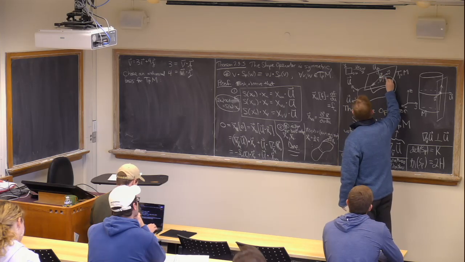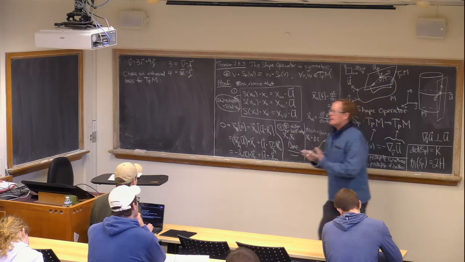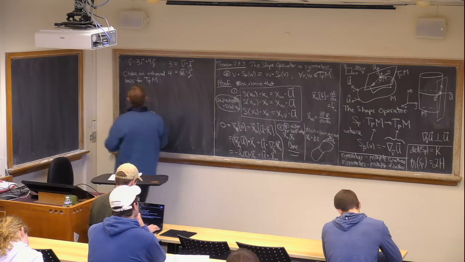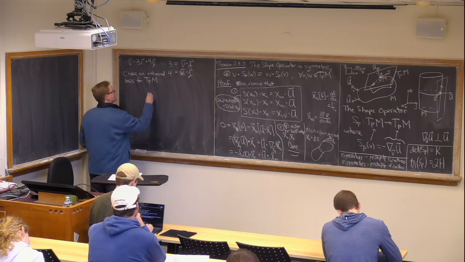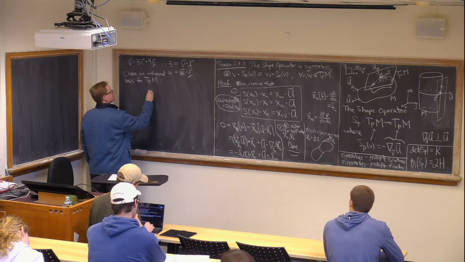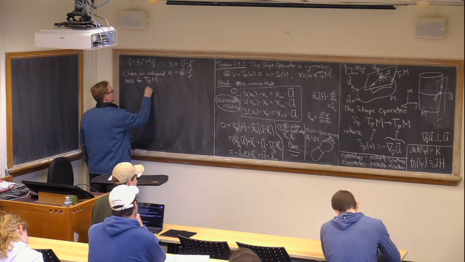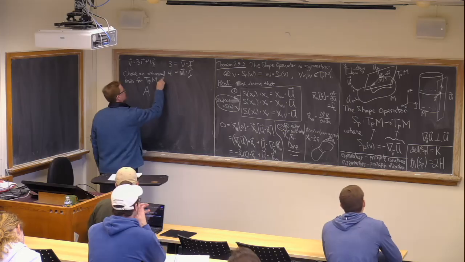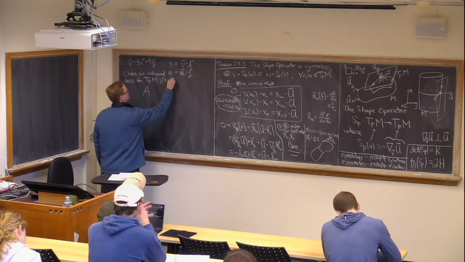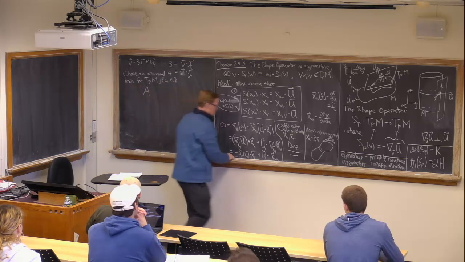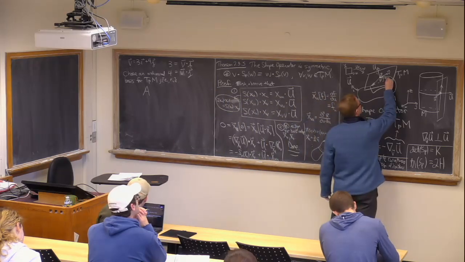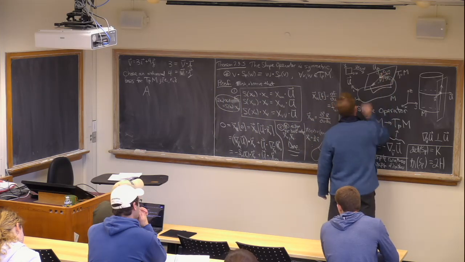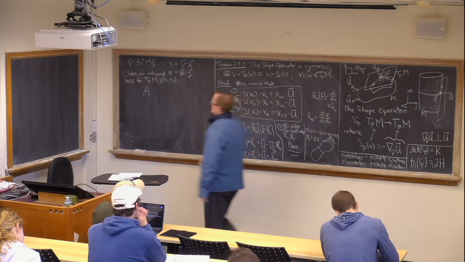We use these vectors for our basis. If you do that, then you're going to get some matrix out, A. We'll call these E1 and E2, so this will be E1 and this will be E2. You'll say, well, which orthonormal basis? I don't care. Just pick one.